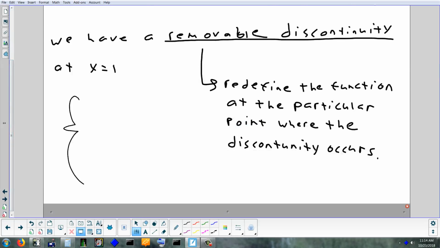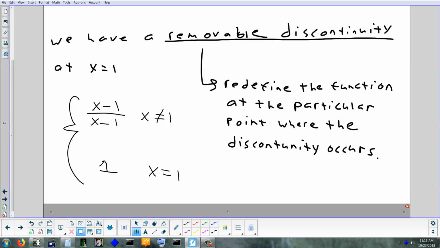If you wanted to define it as a piecewise function, you could say, use this formula for any number not equal to 1. If you are equal to 1, don't try to use the formula above. Just put 1. So if x is 1, just make the y value 1.